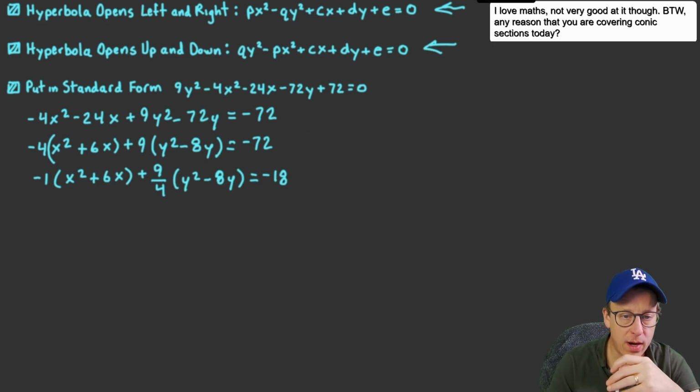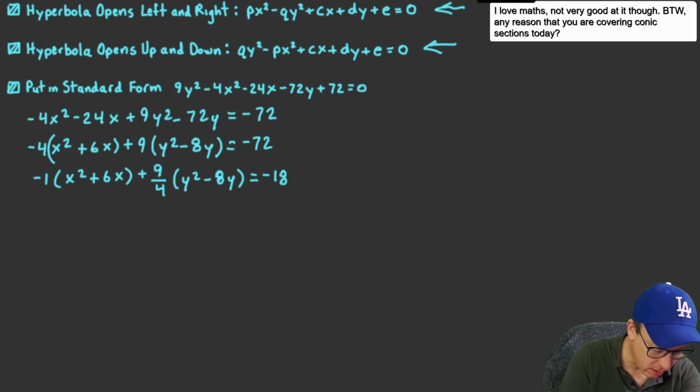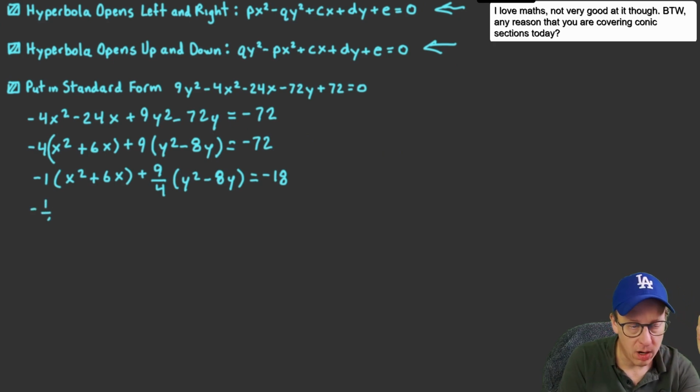All right, so what I need to do now is divide by the coefficient of the square terms. I'm going to get a value of 9 in this situation. So this is going to be negative 1 over 9 x squared. Oops, is that right?